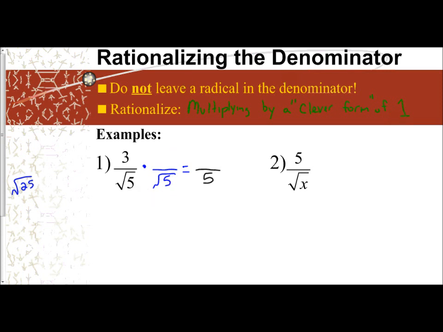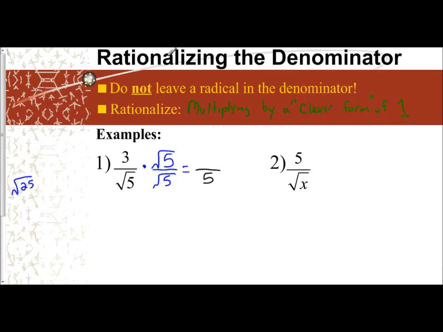But if I multiply the top by the same exact value, the square root of 5, I'm not changing the value. And the reason why is because any number divided by itself, doesn't matter if it's radicals, doesn't matter if it's irrational numbers, will always be the number 1. So though I'm multiplying by what looks like different values, it is actually the number 1.